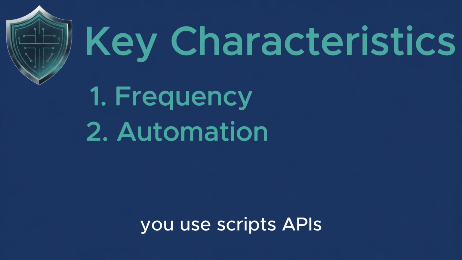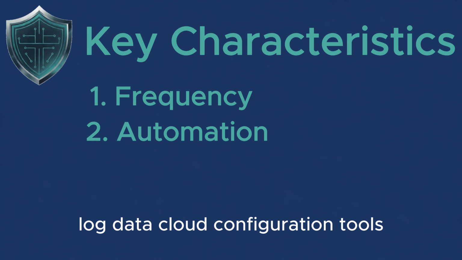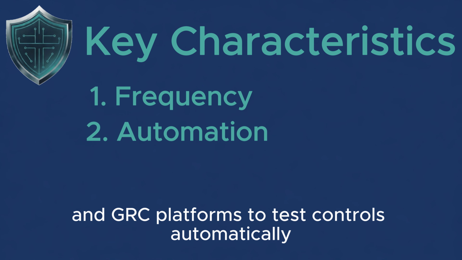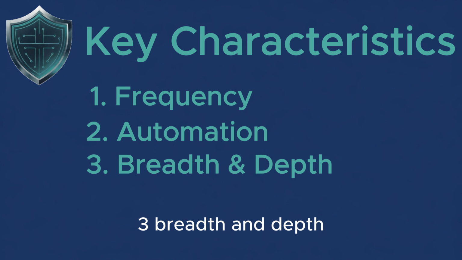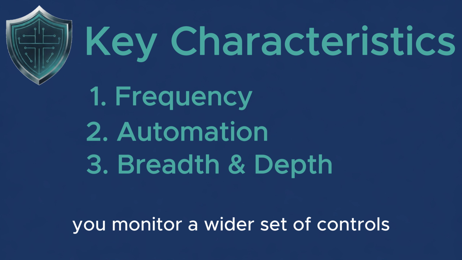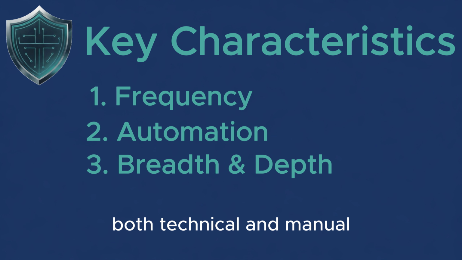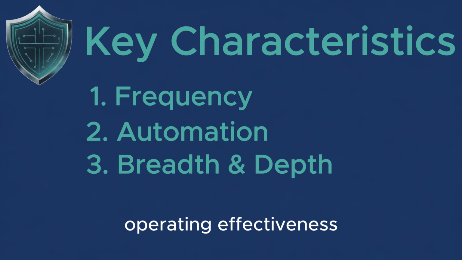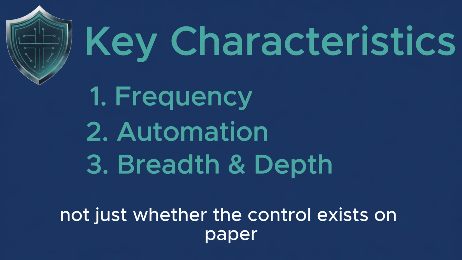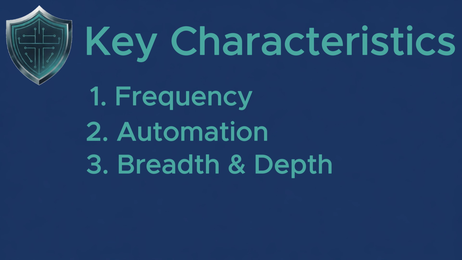You use scripts, APIs, log data, cloud configuration tools, and GRC platforms to test controls automatically instead of relying on manual sampling and spreadsheets. 3. Breadth and depth. You monitor a wider set of controls, both technical and manual, with deeper visibility into their actual operating effectiveness, not just whether the control exists on paper.